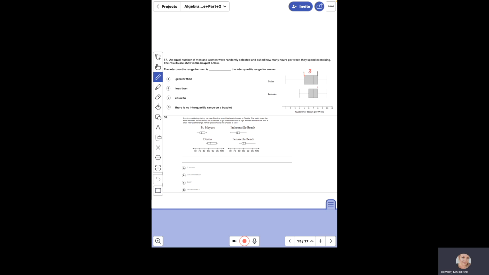This is 8 minus 6 is 2. Remember, that's the interquartile range, you're subtracting Q3 minus Q1, and that's how you get it. So the interquartile range for men is 3, which is greater than 2. So it is greater than.